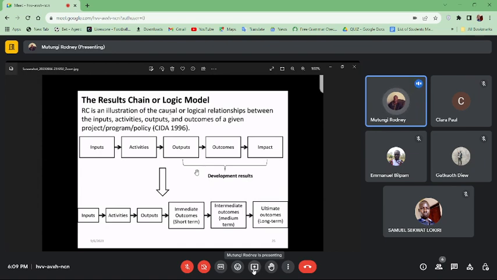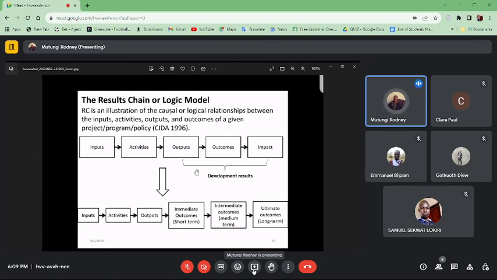But that activity cannot take place without inputs, like the budget or funding, a trainer to do the health education talk, and IEC materials, which are information, education and communication materials like flip charts. Then the activity will be health education.